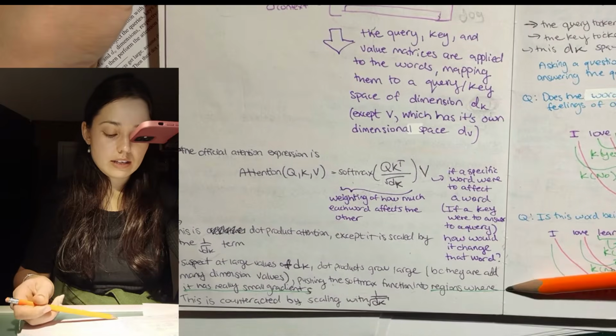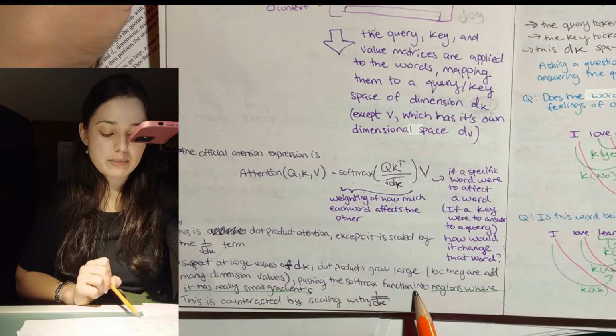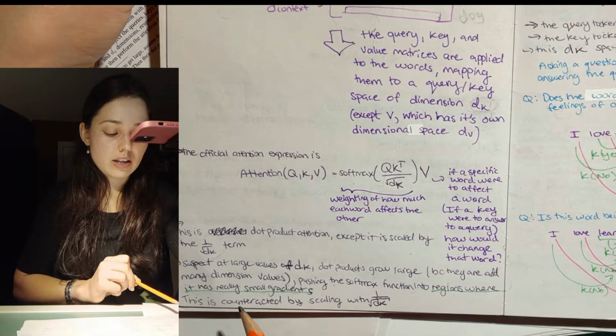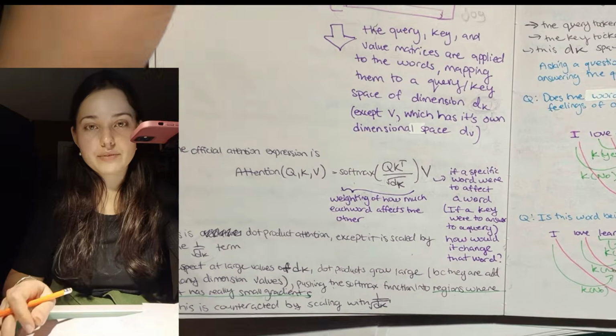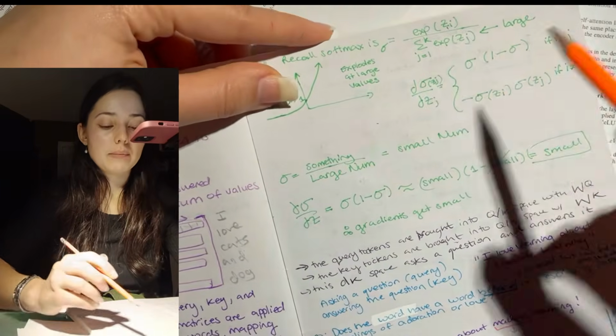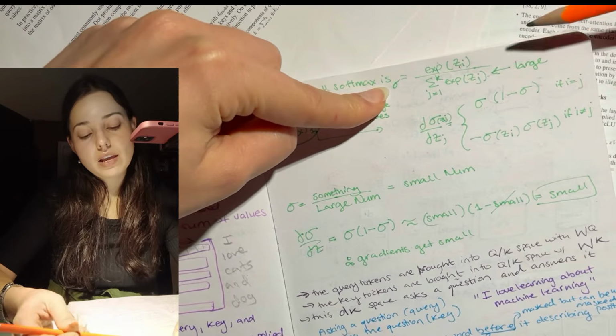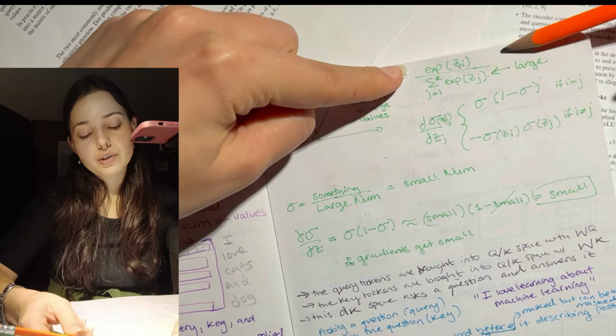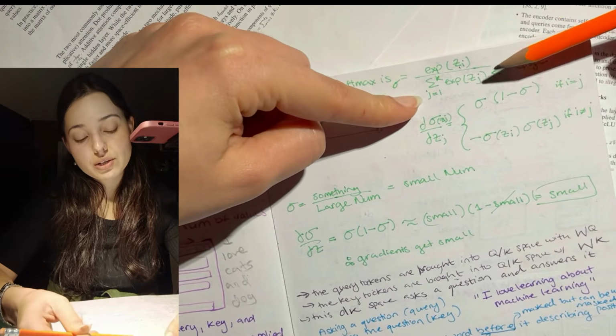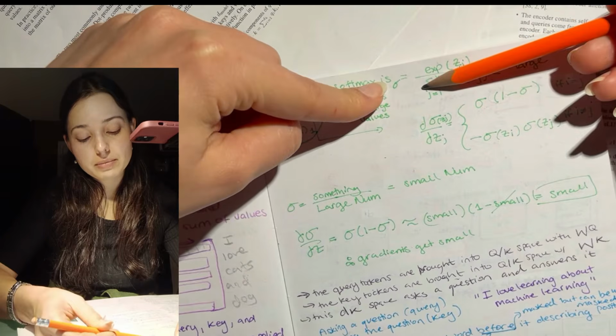And it says it's pushing the softmax functions into regions where the gradients get really small. We can see, because the sum is in the denominator of the softmax calculation, any value where the denominator is really large compared to the numerator becomes a very small number.